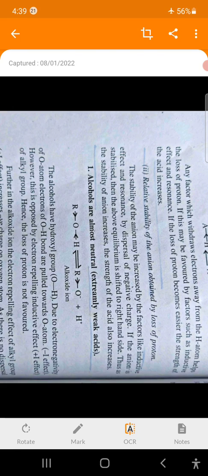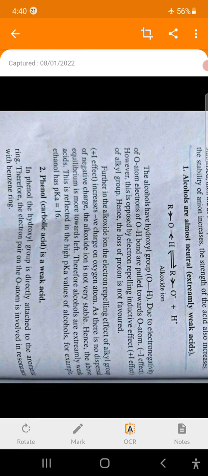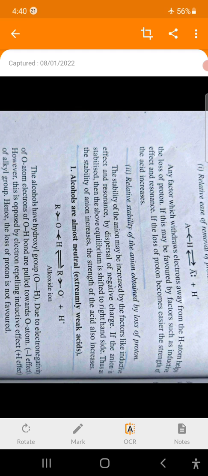What are the consequences of these effects in chemistry? What are the effects of these properties on molecular behavior? We discuss one by one.